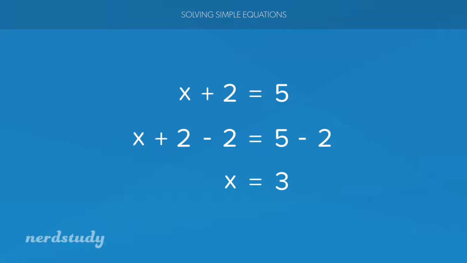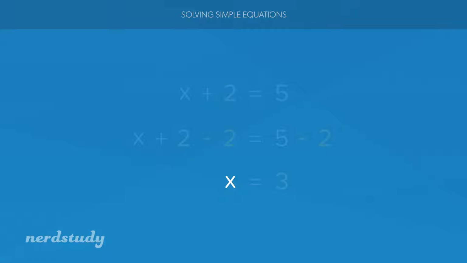In our previous example, subtracting by 2 was the correct operation which led us to identify the value of x. Well, the idea is for us to end with our variable isolated on one side. If you go back to our previous example, notice that our answer had x and only x on the left side. So how do we isolate x?